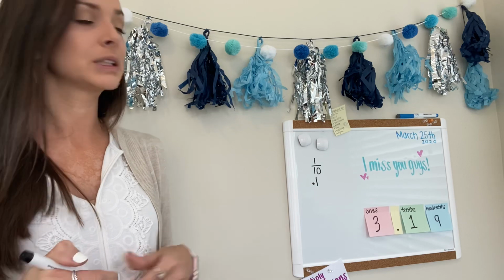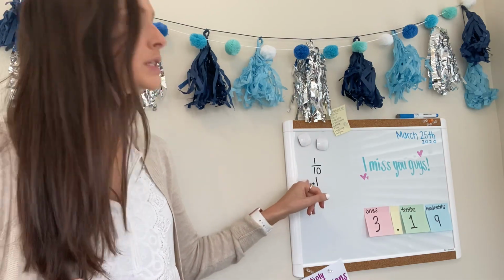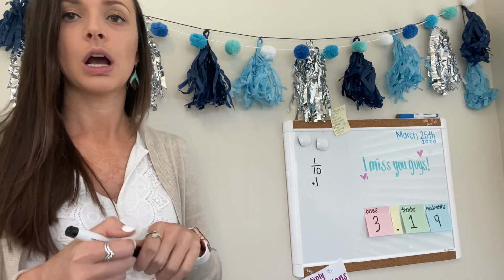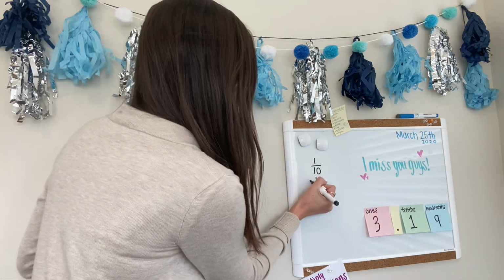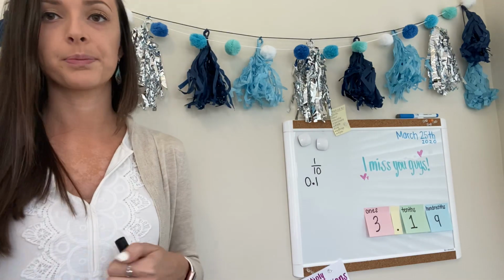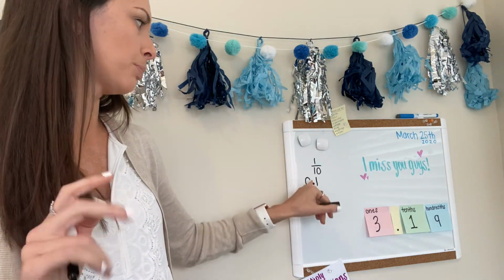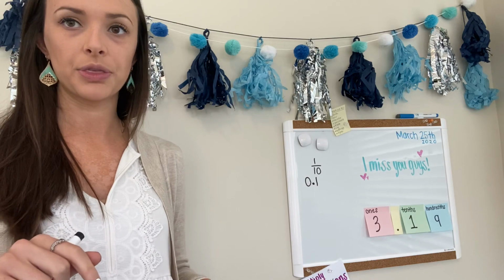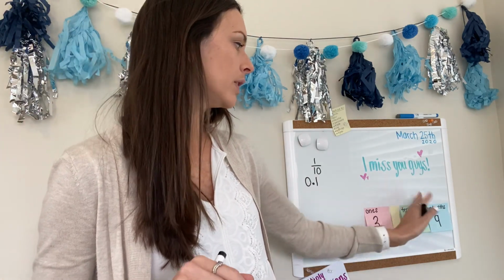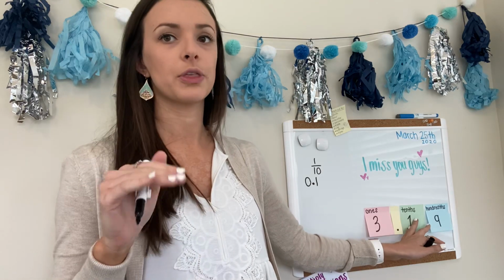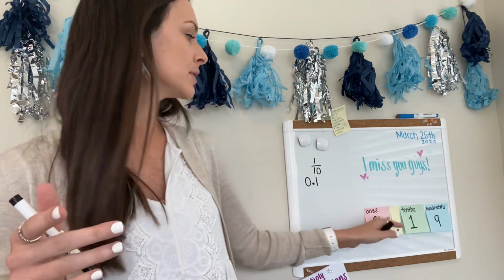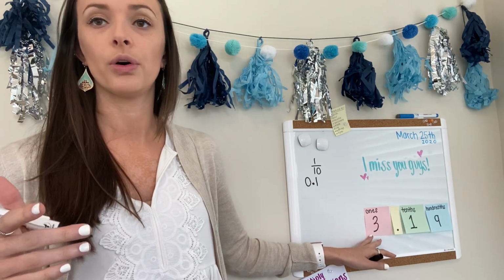You don't necessarily need to have a 0 in the ones place. If you don't have it, that's fine. That just is automatically implied. If you want to put your 0 in the ones place, perfectly fine. So these are both showing us 1/10. Okay, so we've got ones, our decimal point, and then we go into tenths, and it means the same thing, not a whole, it's 1 out of 10. Okay, if you had 10 tenths, that would be 1 whole.